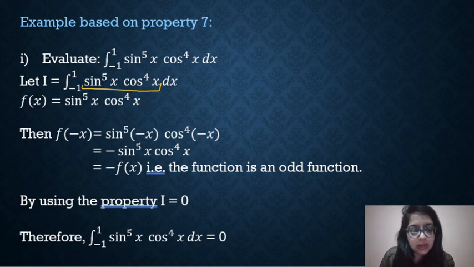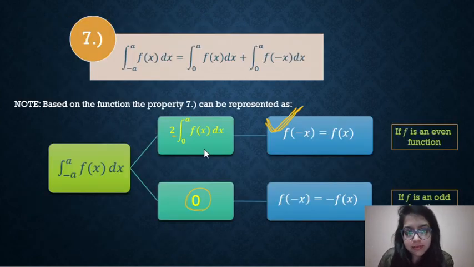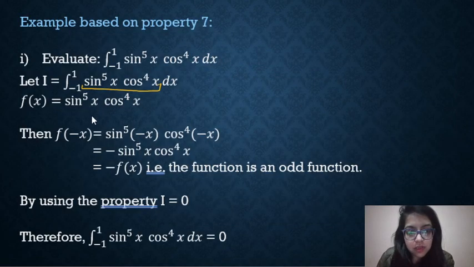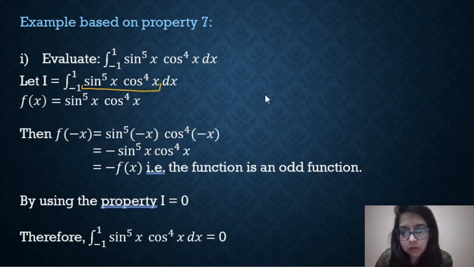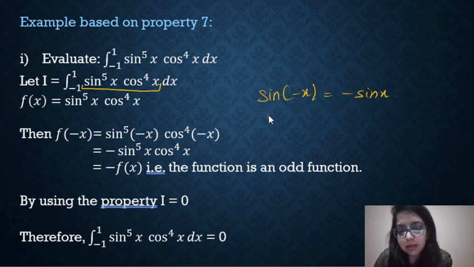Now let's check this result, f(minus x), that is equal to sin to the power 5 of minus x into cos to the power 4 of minus x. Now I know one result, that sin of minus x is equal to minus sin x and cos of minus x is equal to cos x.